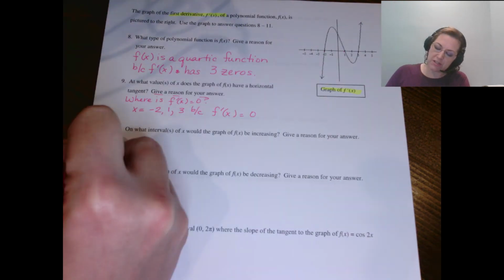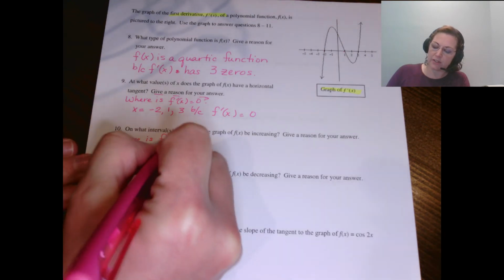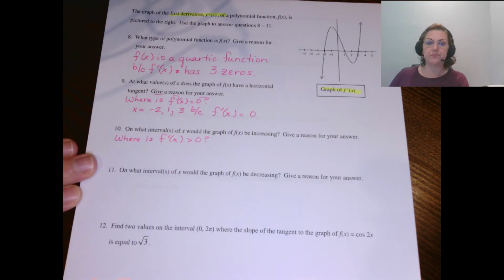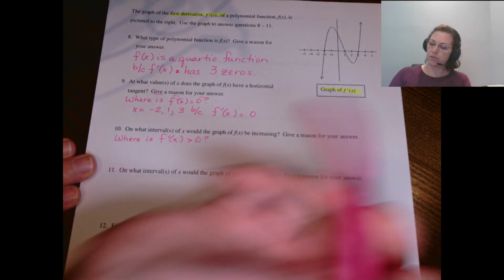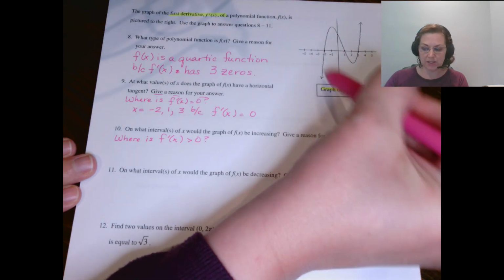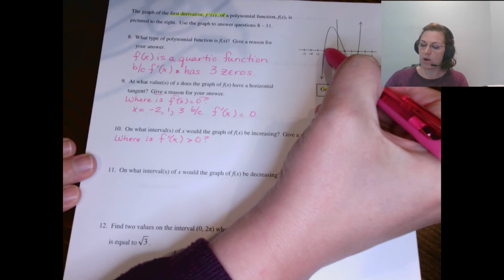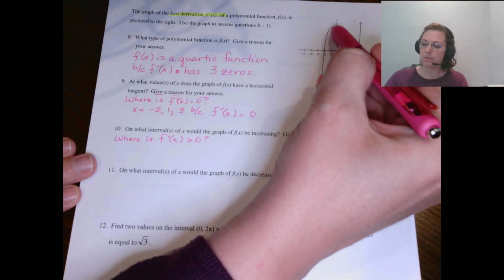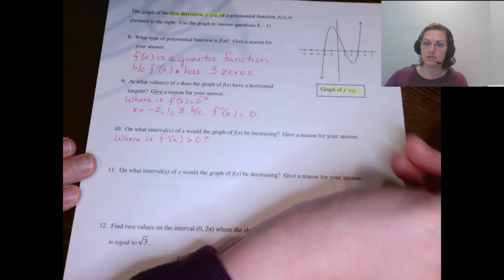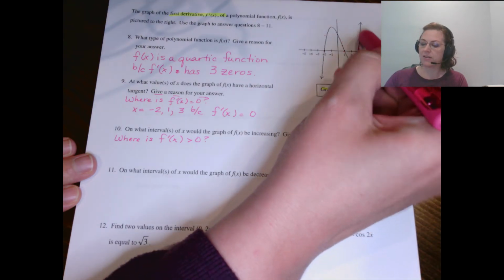Okay. On what intervals of x would the function be increasing? So this is really asking you, where is f prime of x greater than 0? So look at where the derivative, those are the y values here, are positive. So I see y values, derivative values that are positive here, and here.